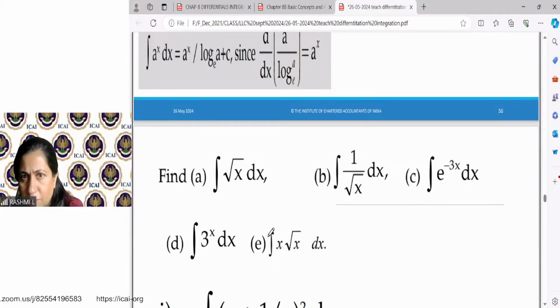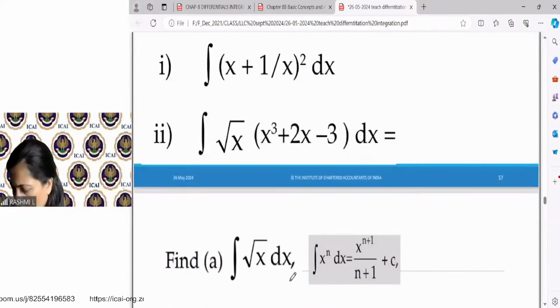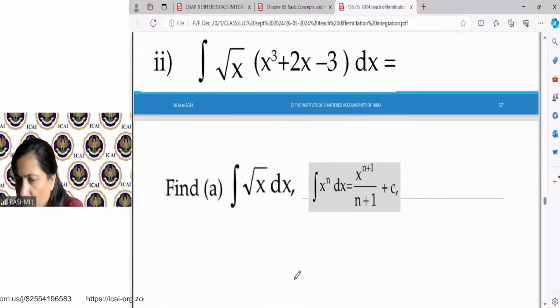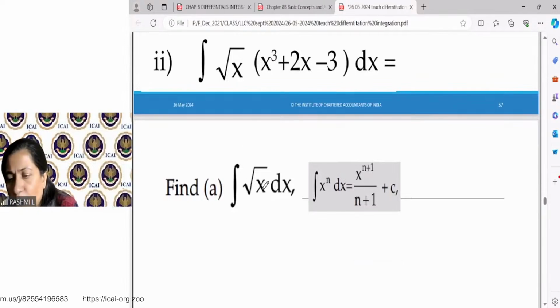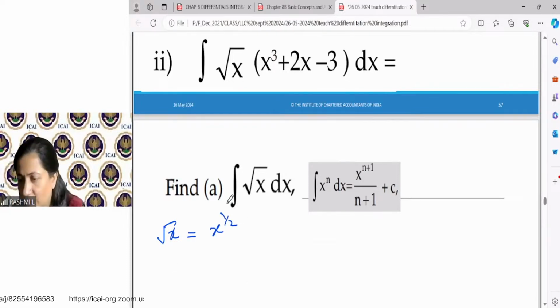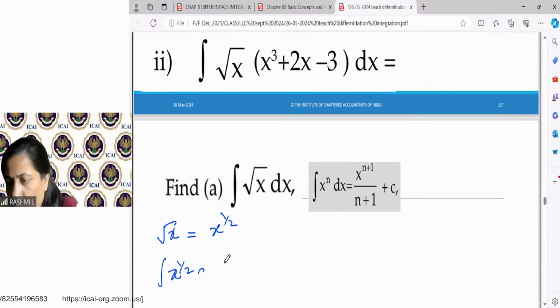Okay, so let us go to this. Now, integral of square root of x dx. I know that square root of x is written as x raised to half by my indices sum. So integral of x raised to half dx. What is the formula?